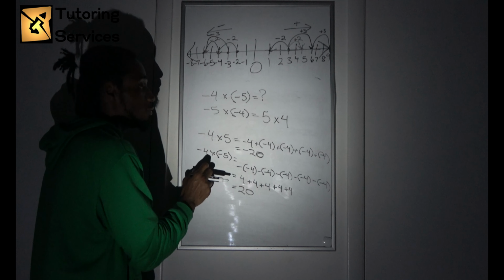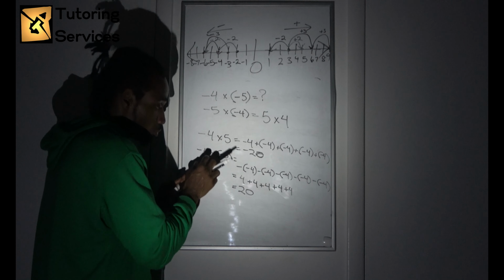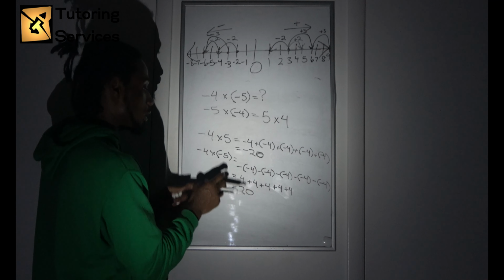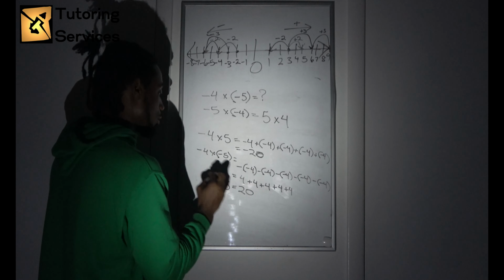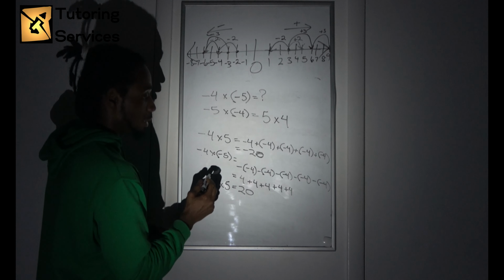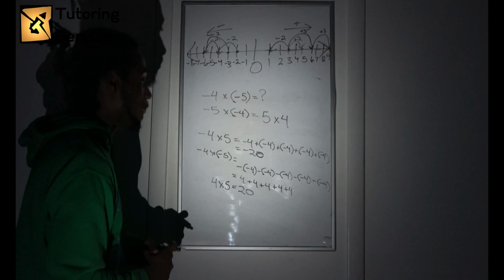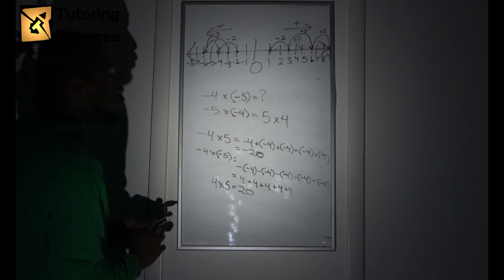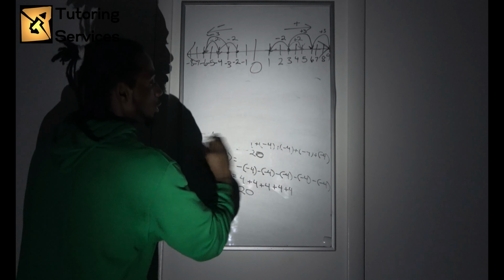Anytime you have a negative number multiplied by a negative number, you multiply those numbers regularly, and then you get a positive number. So -4 times -5 is nothing but 4 times 5. Alright? So those are the rules that you should remember about negative numbers.